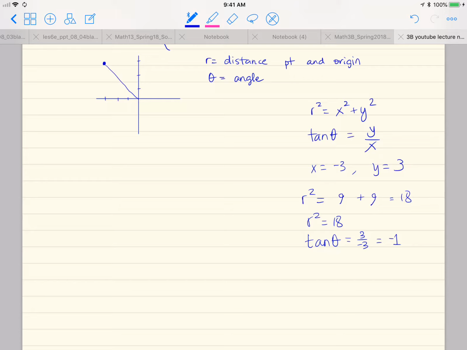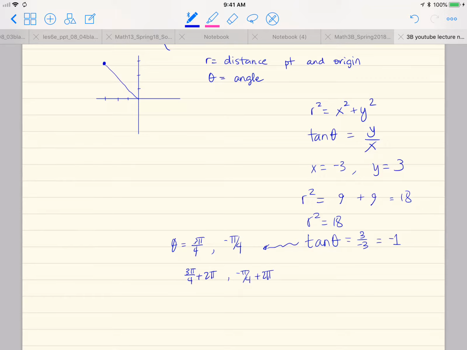Okay, so tangent is -1 when, let's see here, theta is 3 pi over 4, or theta could be negative pi over 4, or theta could be 3 pi over 4 plus 2 pi, or negative pi over 4 plus 2 pi, you get it.